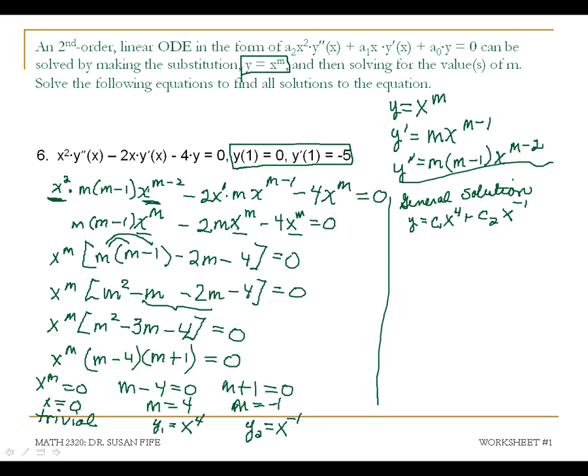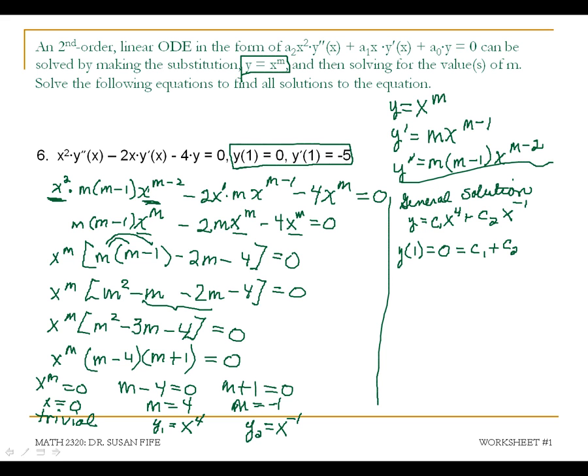Now, because I'm given values, I can solve for c1 and c2. If I substitute in here y of 1 equals 0, here I'm substituting 1 in for x, and that's going to give me c1 times 1 to the 4th plus c2 times 1 to the negative 1st. 1 to any power is 1. So I just get 0 equals c1 plus c2.